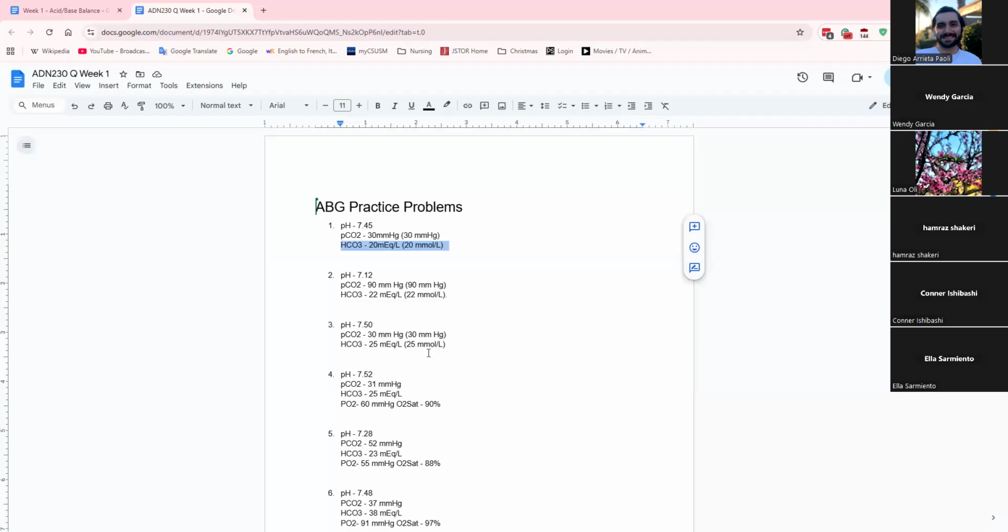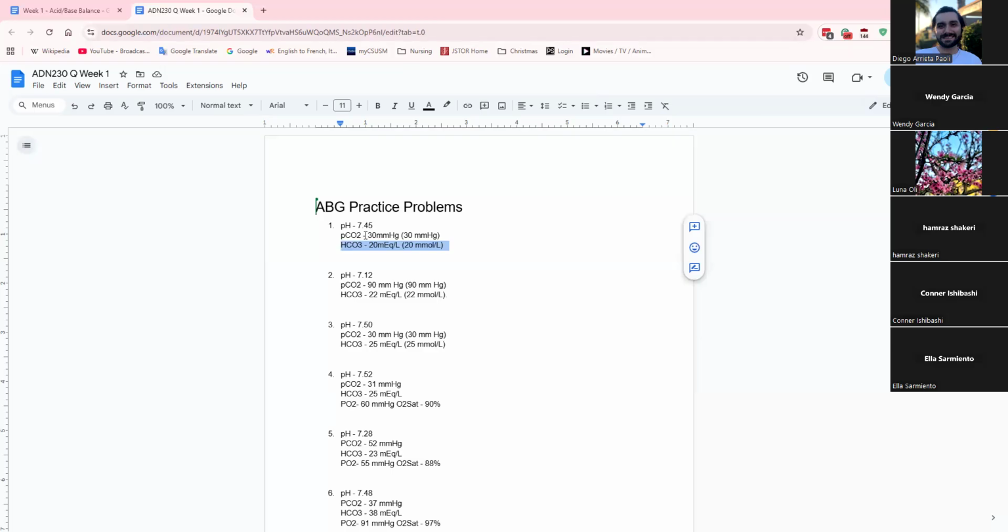So because you have basic, you're going to match it with basic. So you're going to match it with the CO2. Is CO2 indicative of respiratory or indicative of metabolic? It's respiratory. So we determined it's basic and we determined it's respiratory. So this would be respiratory alkalosis.